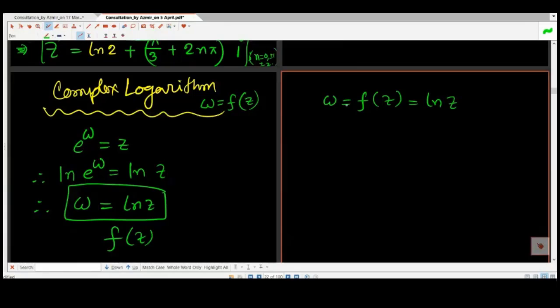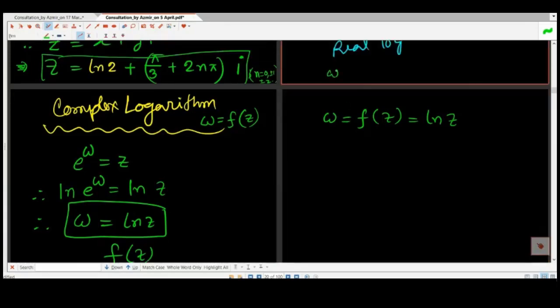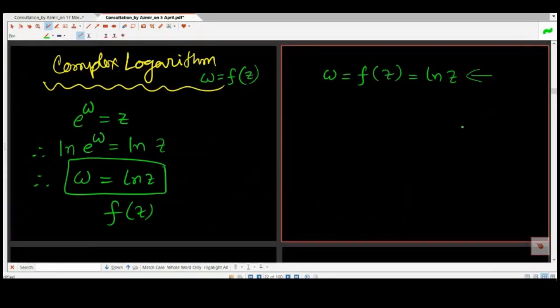Just like the exponential function, w equals f of z equals e to the z, we have the logarithmic function, the complex logarithmic function.